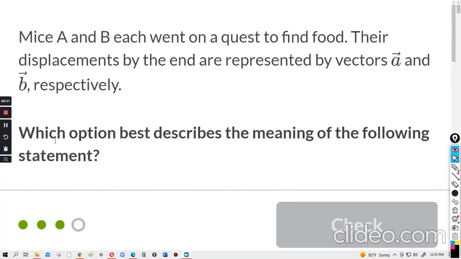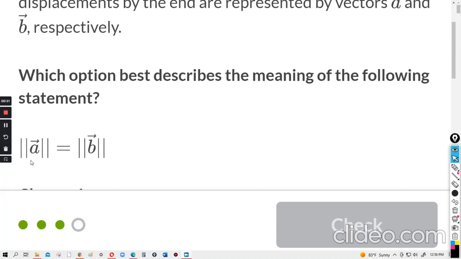It says mice A and B each went on a quest to find food. Their displacements by the end are represented by vectors A and B. Which option best describes the meaning of the following statement? It says A and B are vectors representing displacement with double bars on each side. That's going to be magnitude only.